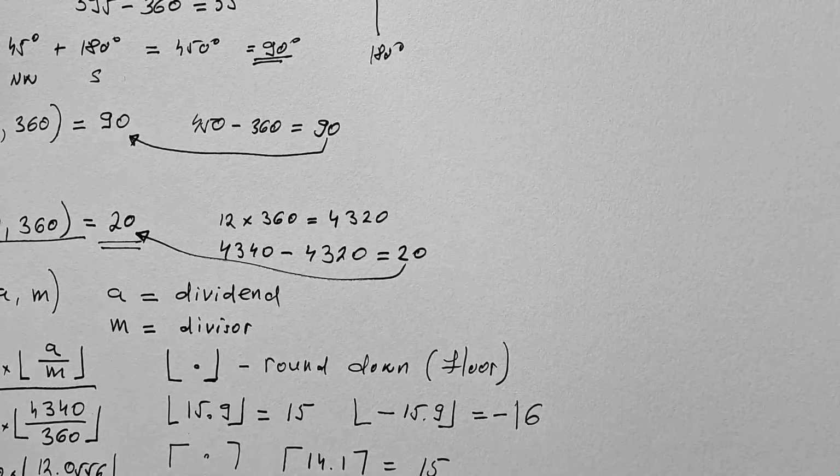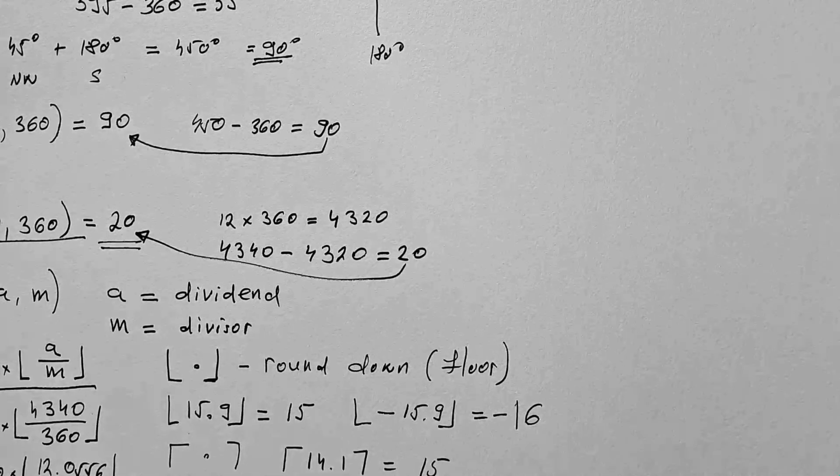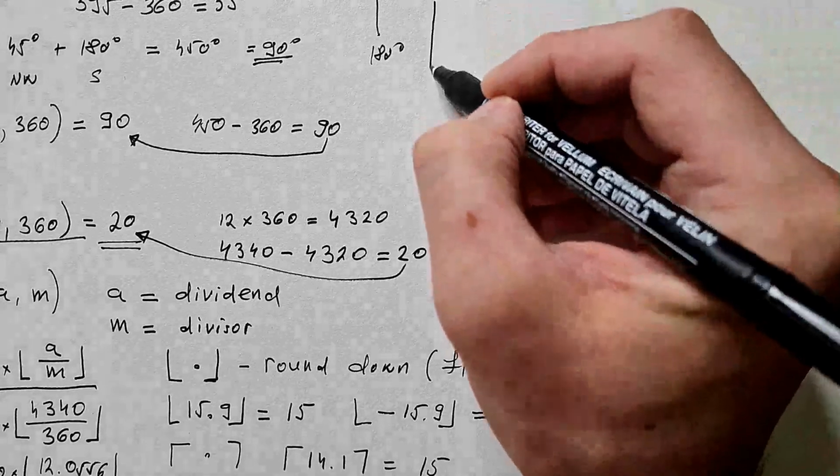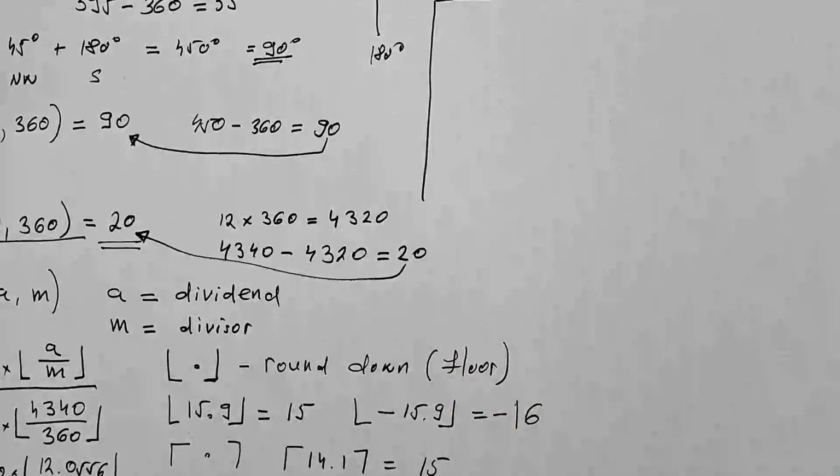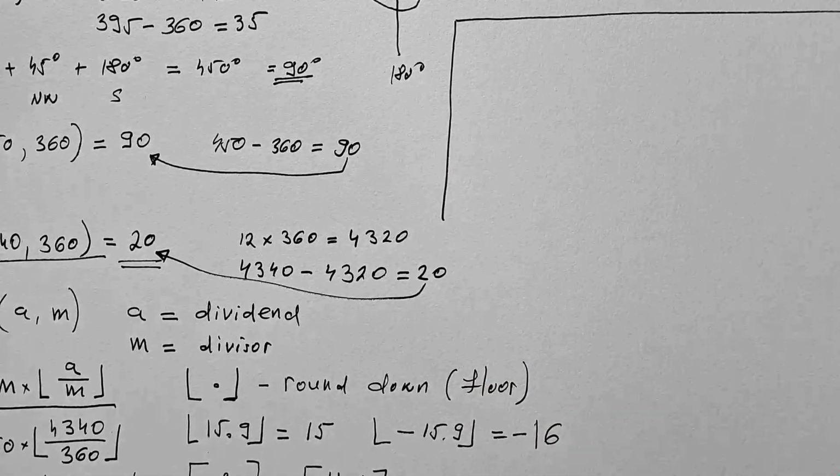Lastly, I would like to mention another useful application of this modulus operation, and that is in coding. I will write it here. We use it quite often in if loops. Let's say you want an if condition which will depend on whether or not the input number is divisible by 17.